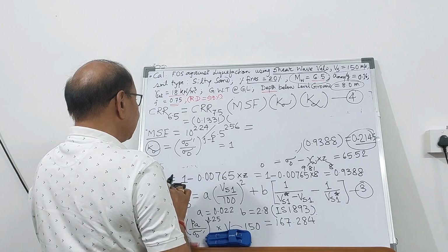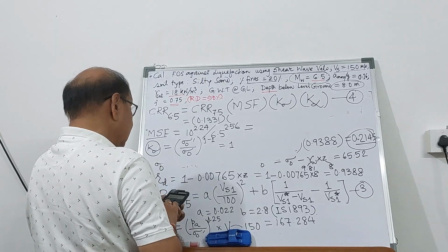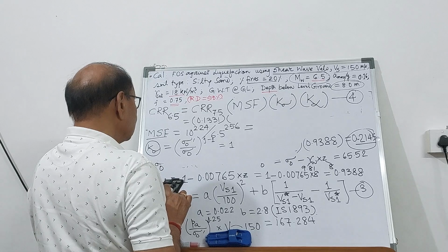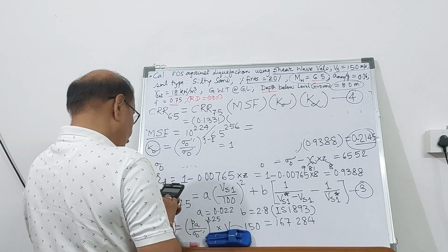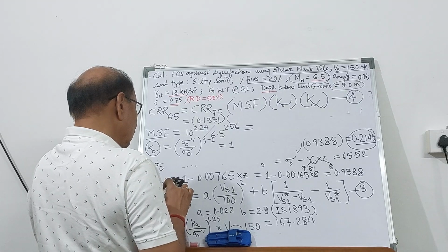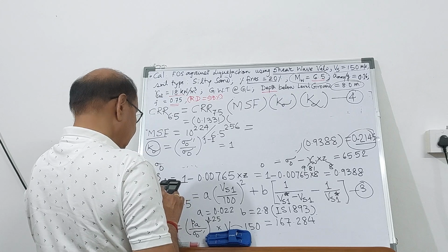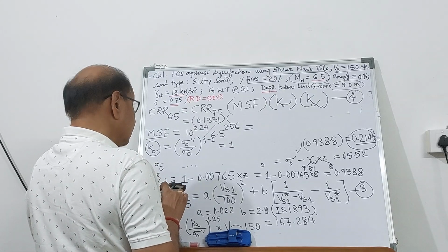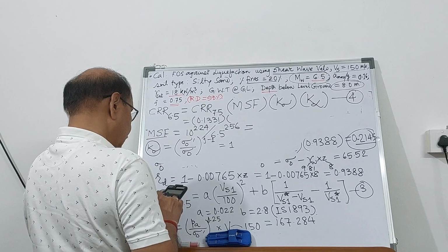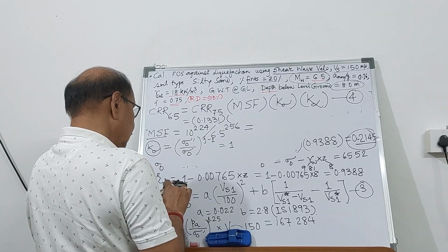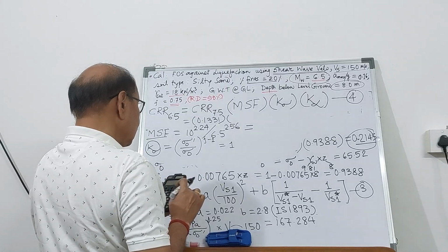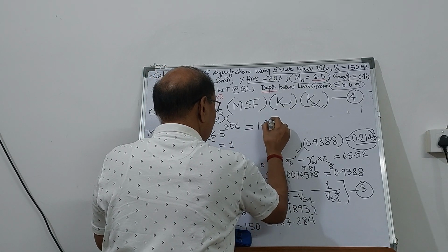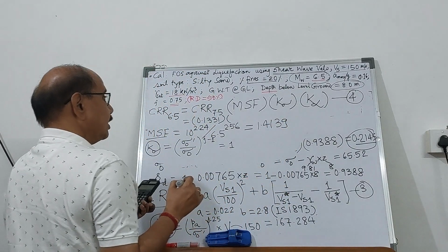So the scaling factor, let us calculate, and this becomes 10 raised to 2.24 divided by 6.5 raised to 2.56. It is 1.4139, the scaling factor.